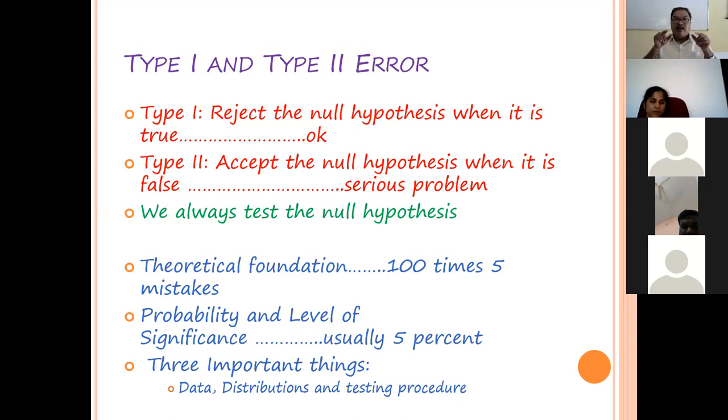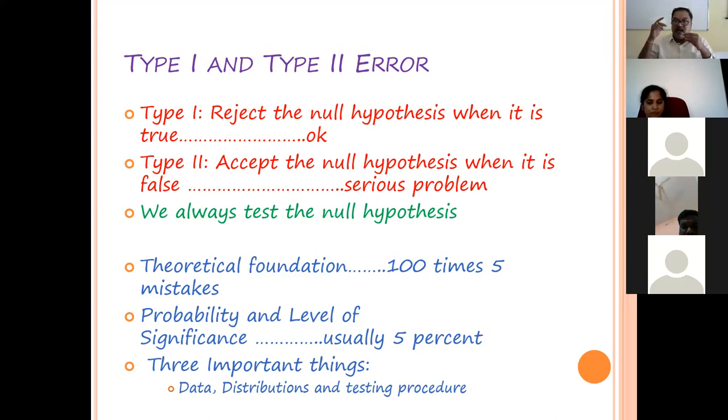In the same way, we have a test value. At the point of 95% confidence and 5% margin of error, you have a table test value. If you're conducting a t test, you have a t table value. If you're conducting an f test, you have an f table value.